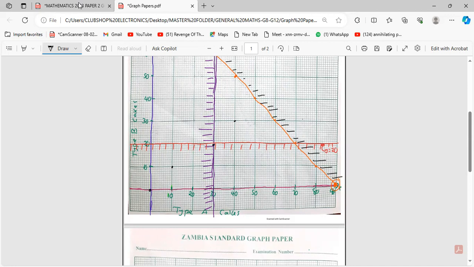Then 20, 20 here. Then 30, 30 here. 40, 40 here. 50, 50 there. Okay. Even just 2 points are enough. Then you connect. Connect with a ruler like that.